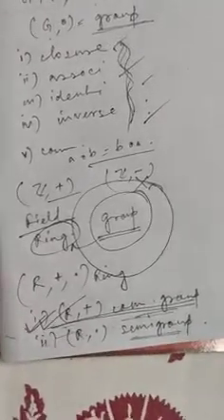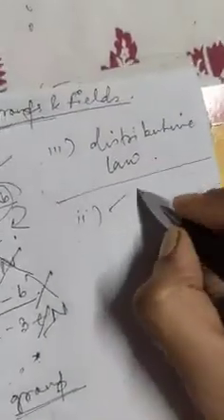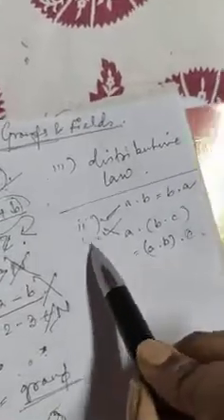Semi-group means the first 2 conditions of a group. If we expand condition number 2, we get that a dot b belongs to R, that is closure with respect to dot, and number 2 is associative with respect to dot. That means a dot b dot c equals a dot b dot c. These 2 conditions are included in condition number 2.